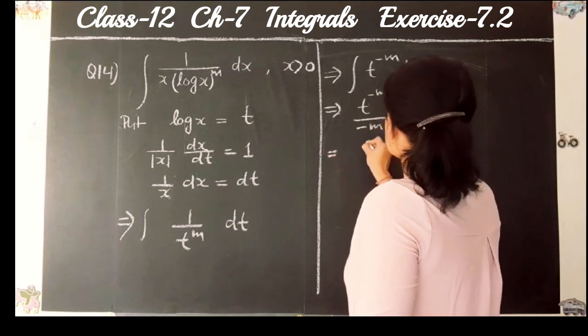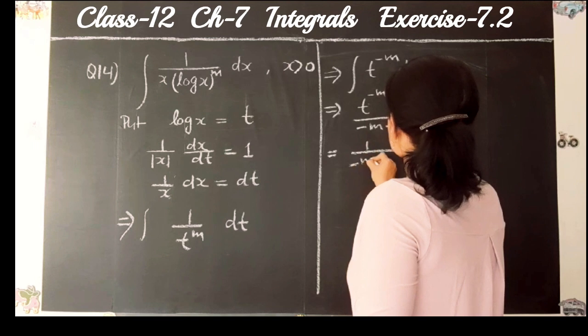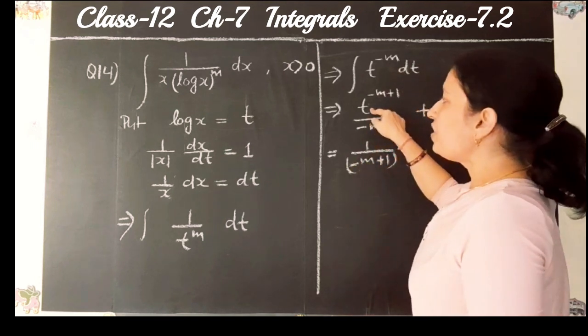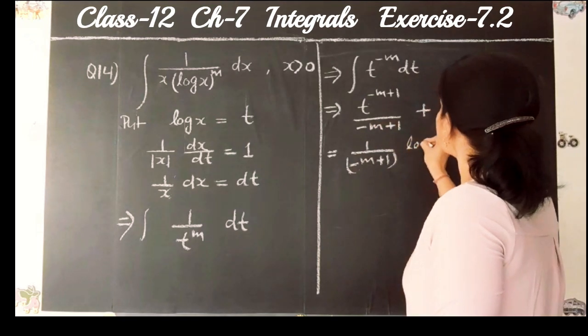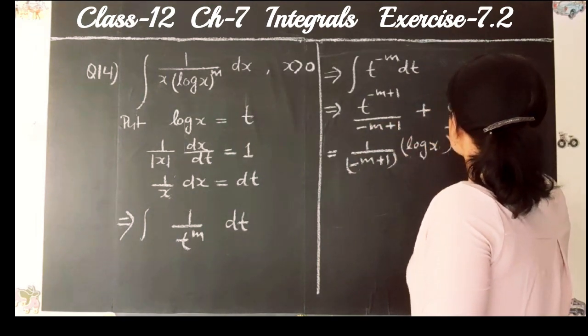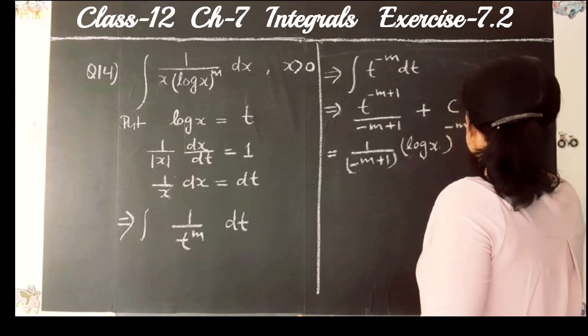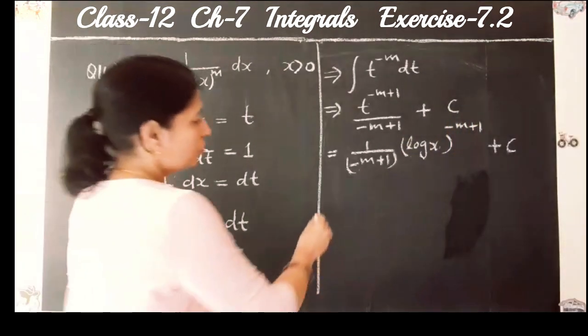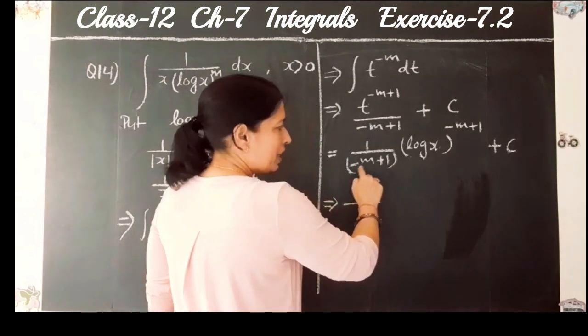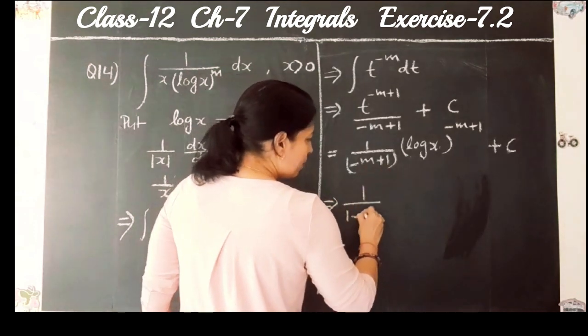So we can write 1 by minus m plus 1, and in place of t write log x and power is minus m plus 1, and write a constant c. So finally we can write 1 by, here it is minus m plus 1, so we can write 1 minus m.